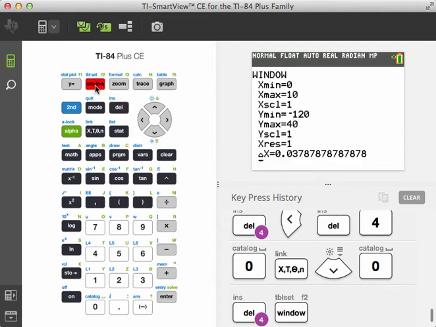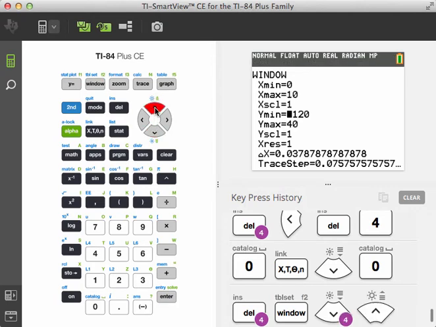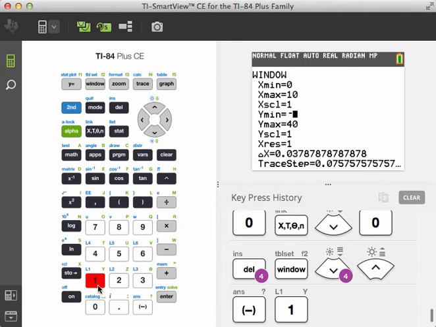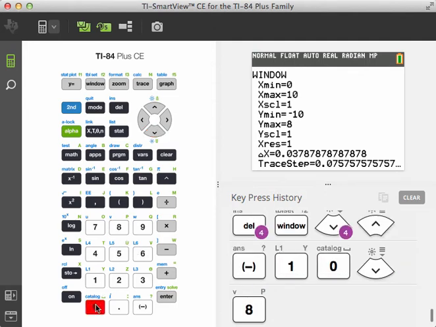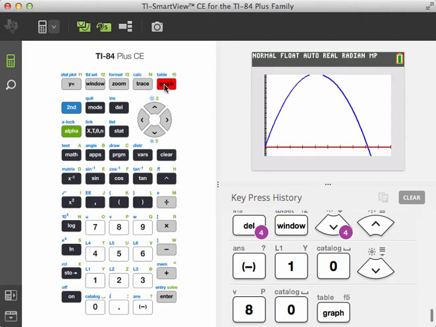Now we need to adjust our window. Our time from 0, we calculated 8.15 seconds, so 10 seconds should give us enough. The y-axis, the y-min, our lowest point is 0, so maybe we'll make this minus 10. And we don't really know how high it's going to get, so let's make it maybe 80. And let's graph. So we can see the y equals 0, and we have our parabola like so.